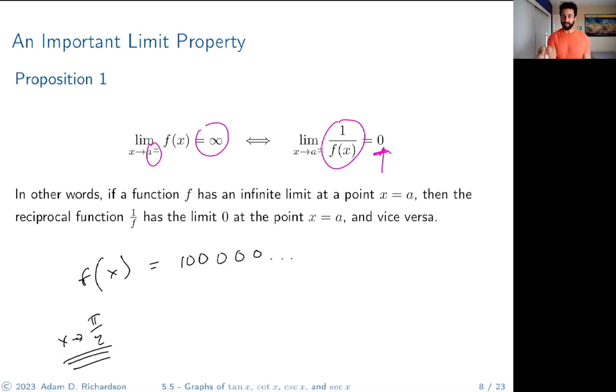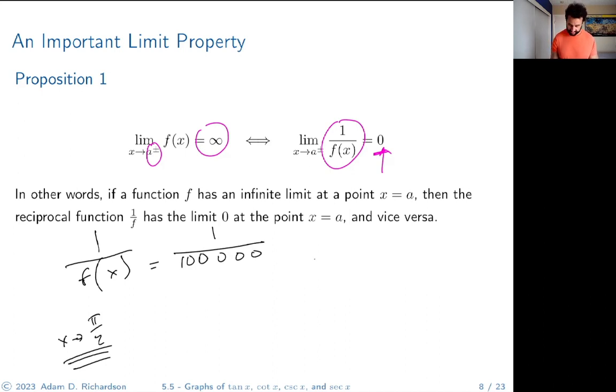So what this limit property is saying is, if you look at the reciprocal function, then 1 over f of x is going to be equal to 1 over those really big numbers. So now you're going to have 1 over 100, which is pretty small. And then you'll have 1 over 1,000, which is even smaller. And then 1 over 10,000, which is even smaller. And 1 over 100,000, which is even smaller.